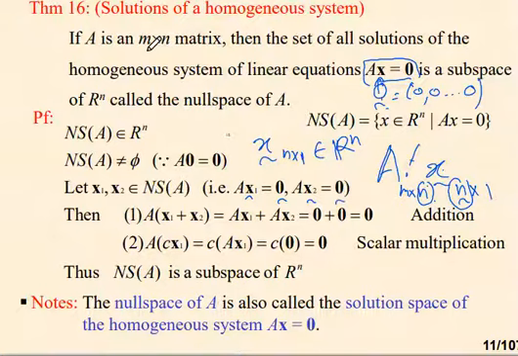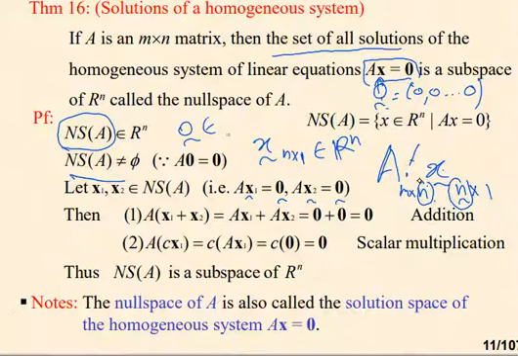We have to show the set of all solutions of this homogeneous system is a subspace, and we know that zero belongs to that set, which means this set is non-empty.